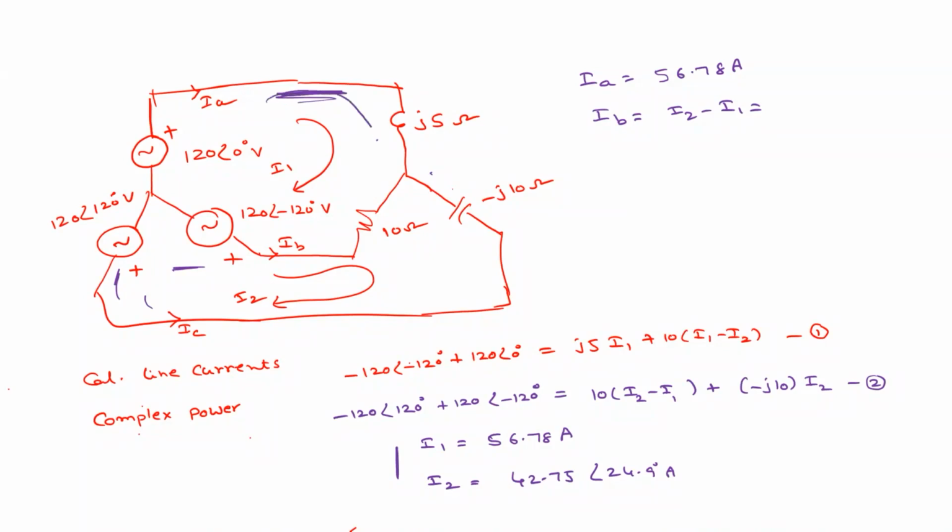Whatever current is flowing here, this is IA, this is IB, and this is IC. But we assumed that this loop current is I1 and the below loop current is I2. That's why we need to calculate IB equal to I2 minus I1.